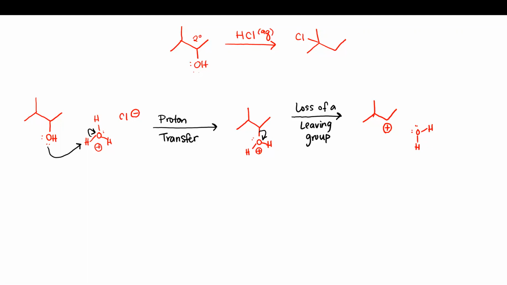Whenever you form a secondary carbocation, you should consider rearrangement, because if you can do a hydride or a methide shift to form a more stable carbocation in one step, that is likely to occur. So if I draw in the hydrogen that's attached at that tertiary carbon, then I might recognize that this can shift over.